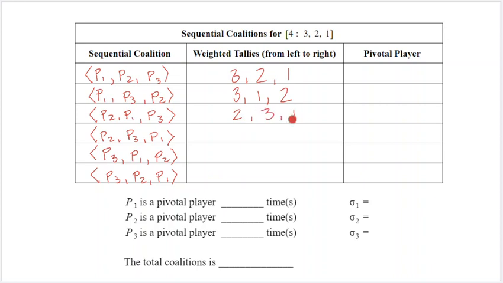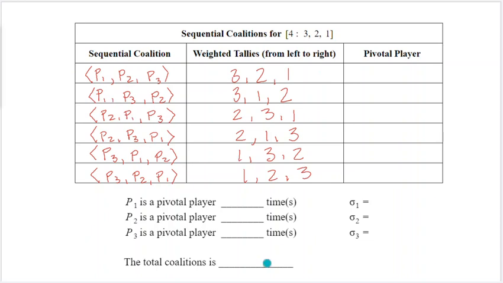Then 2, 3, 1. 2, 1, 3. 1, 3, 2. And 1, 2, 3. So that's the number of votes following this order.